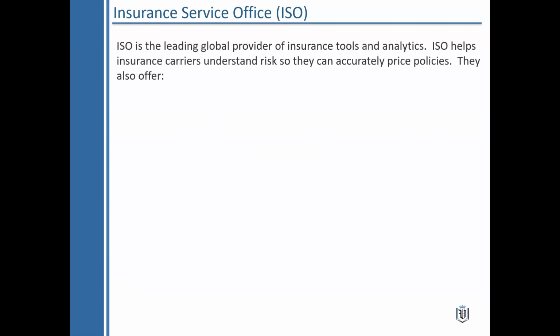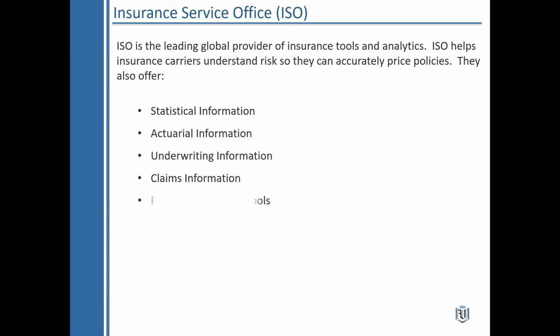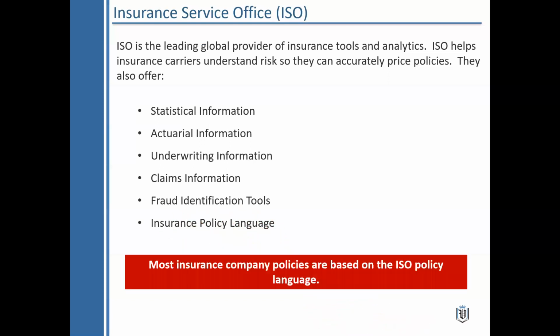It's a global provider of insurance tools and analytics. ISO helps the insurance carriers understand risk so they can accurately price policies. Part of their function is statistical information, actuarial information, underwriting information, claims information, fraud identification tools, and insurance policy language.